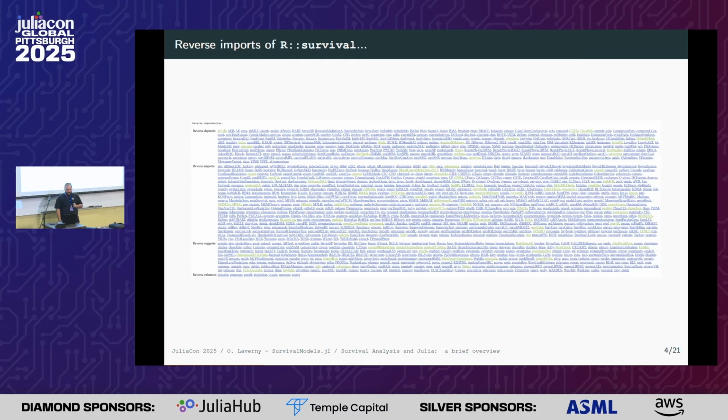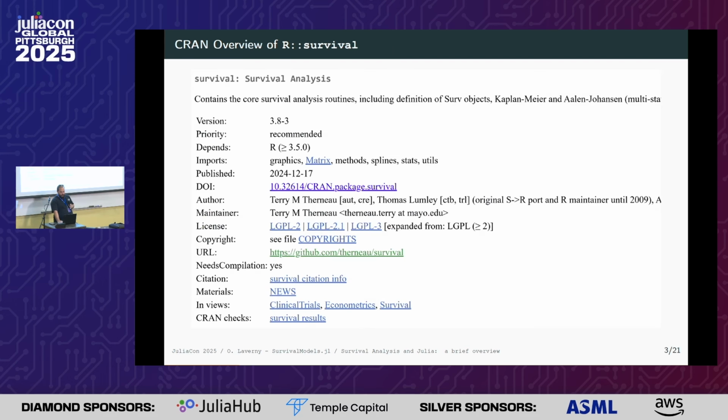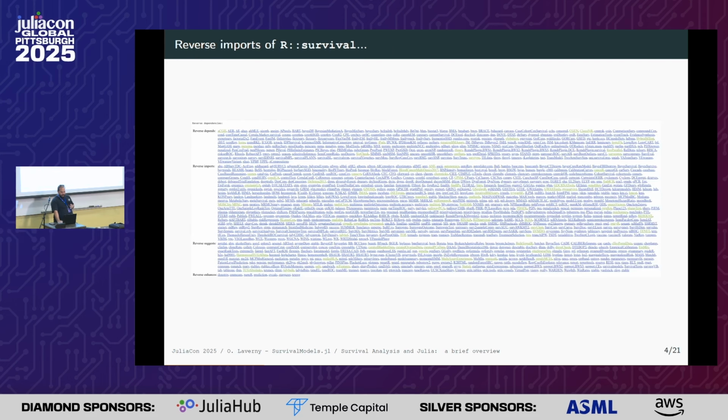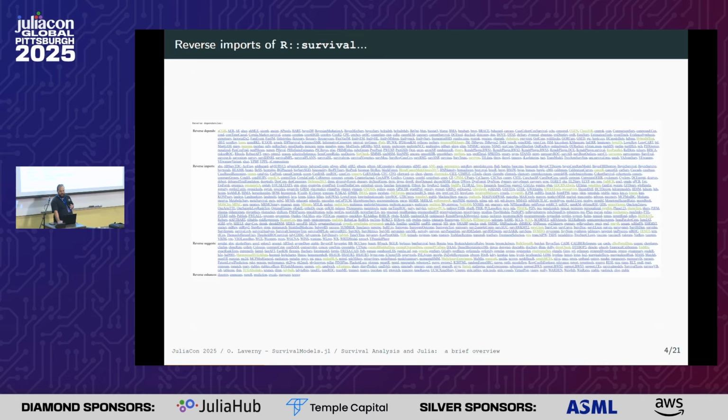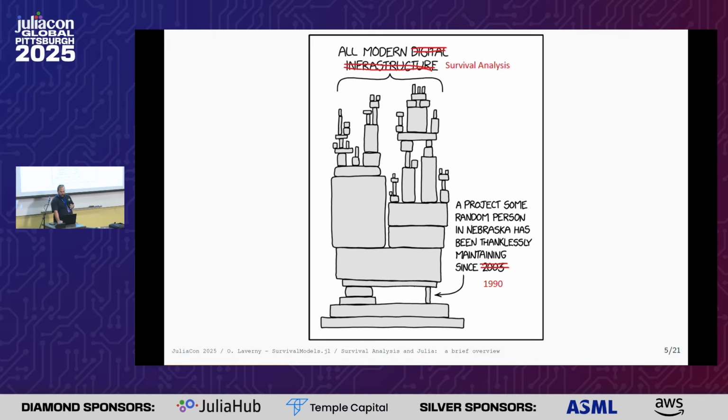And all those packages use the work from Terry Therneau, but none of them help him maintain it, basically. The guy is alone maintaining this piece of software that is used by everyone. There is an XKCD that basically applies here. This is the piece of software that we are talking about, right? With one man maintaining it for 30 years. And the guy is going to retirement in a few years. That's also a problem.